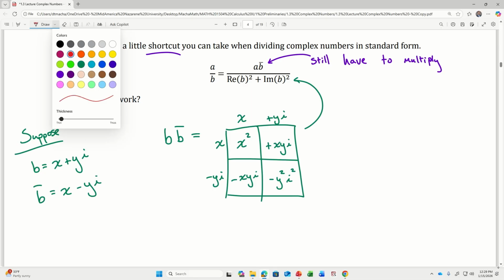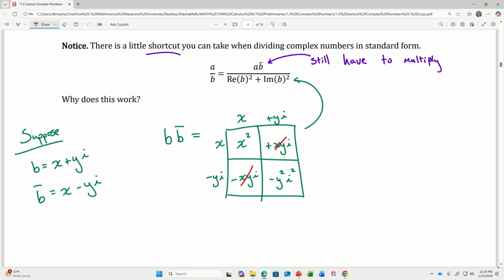So, like we said, these always cancel. And what I'm left with is always x squared plus y squared. Because i squared is always negative 1, so two negatives make a positive. And where it says RE of b, that means the real part.